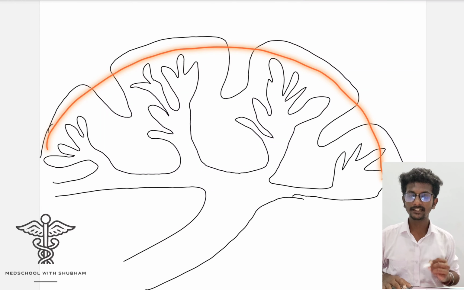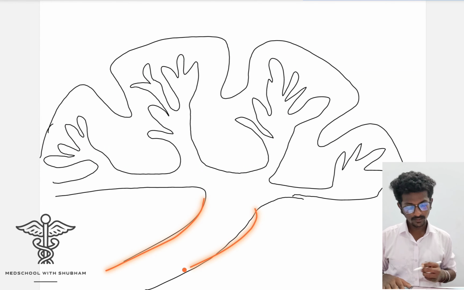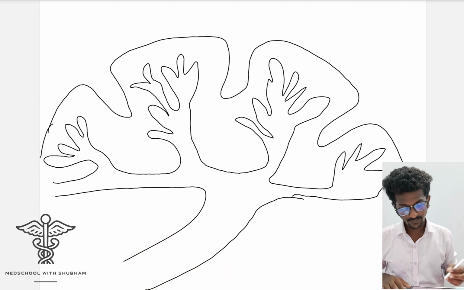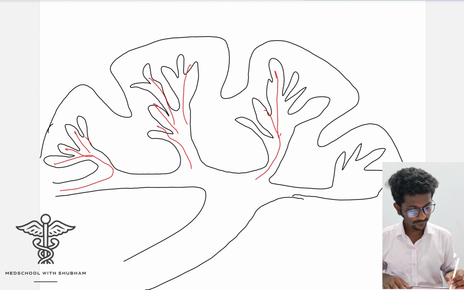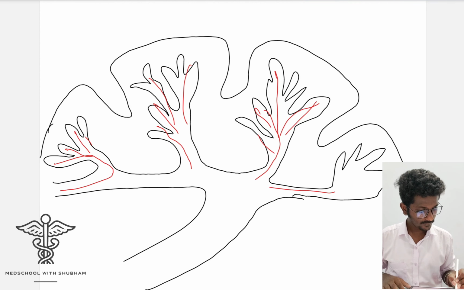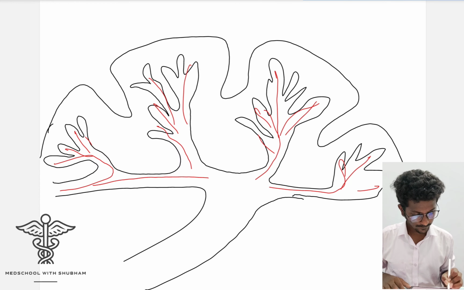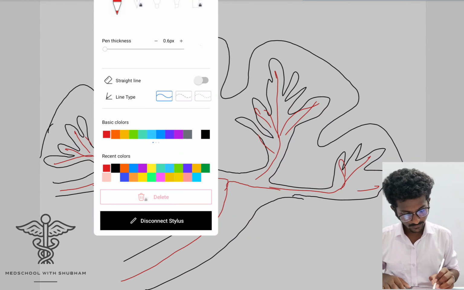This entire thing is a placenta, and this is the umbilical cord. So what things can we find here more? We will get the formation of these blood vessels, fetal blood vessels inside this.